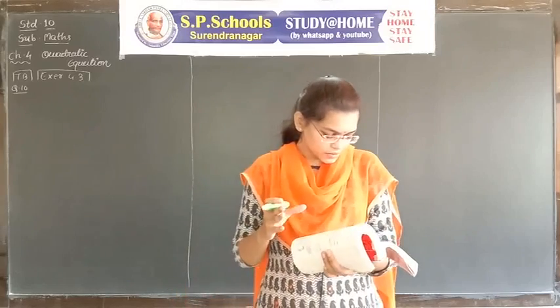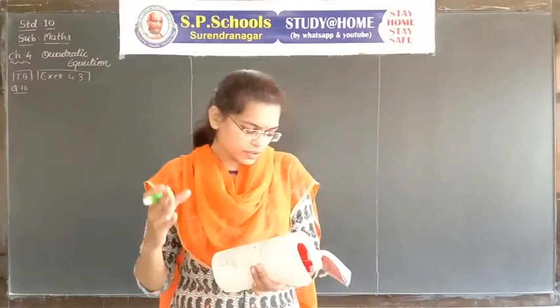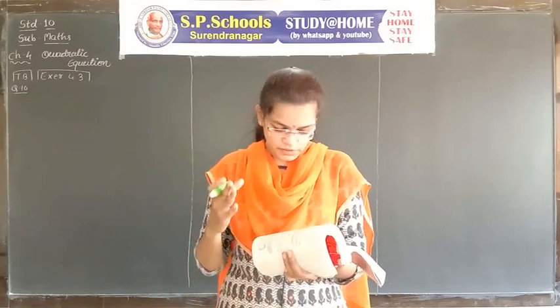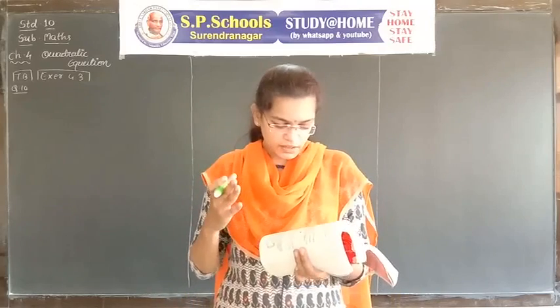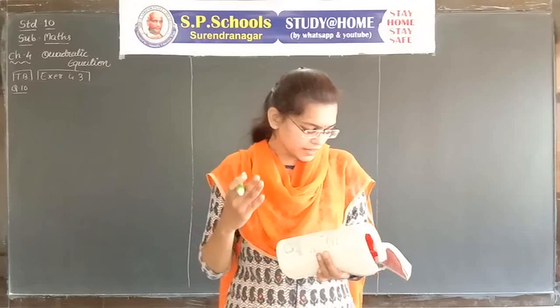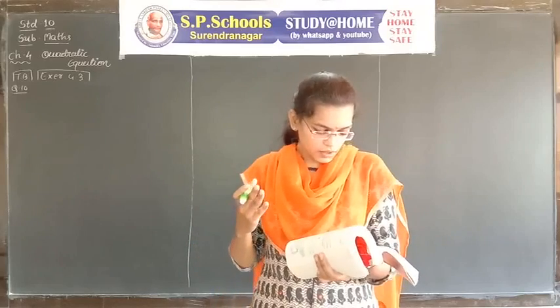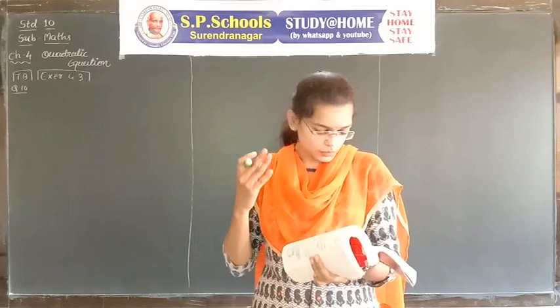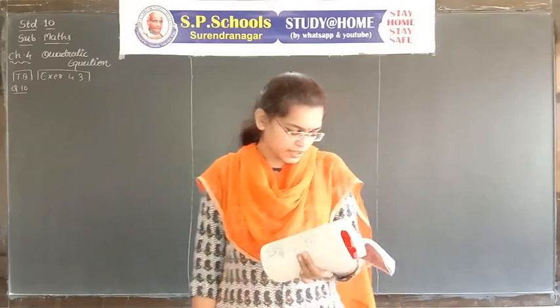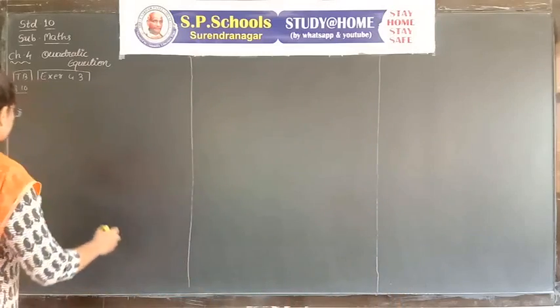From the sentence after the bracket, if the average speed of the express train is 11 km per hour more than the passenger train, then first of all we have to assume x km per hour is the speed of the passenger train.